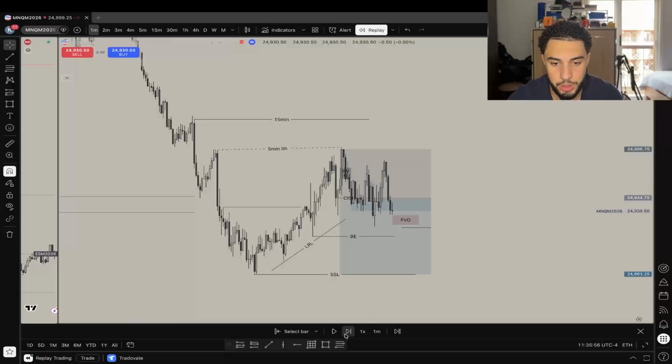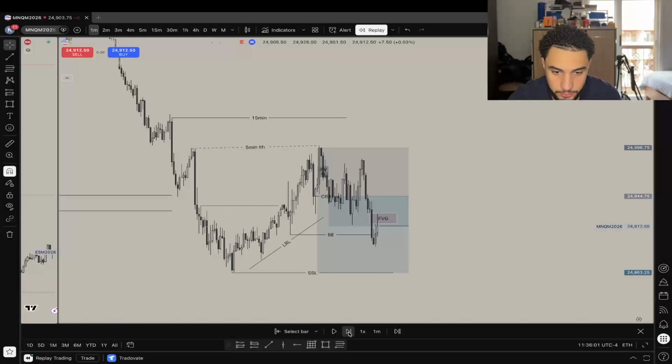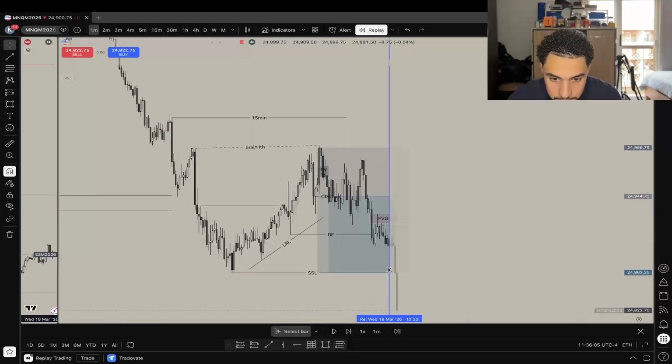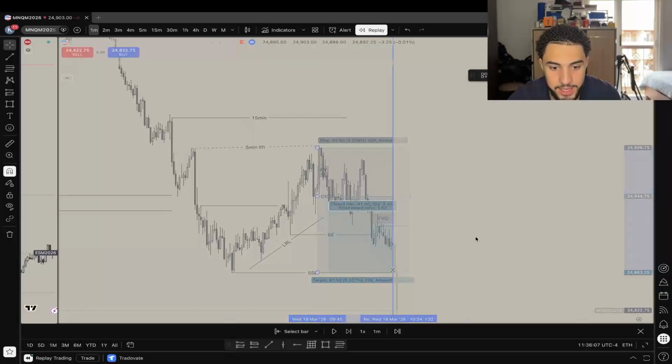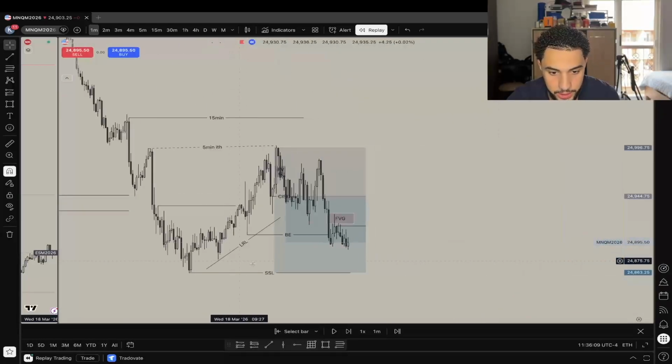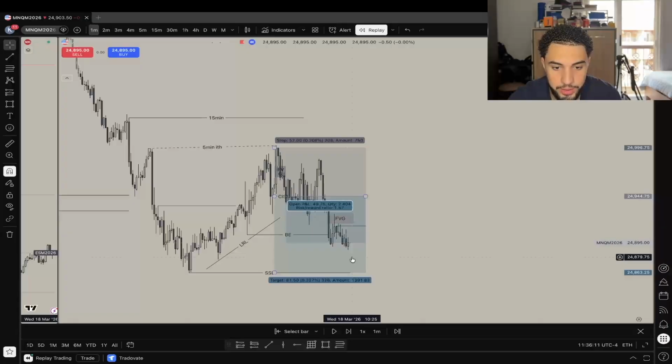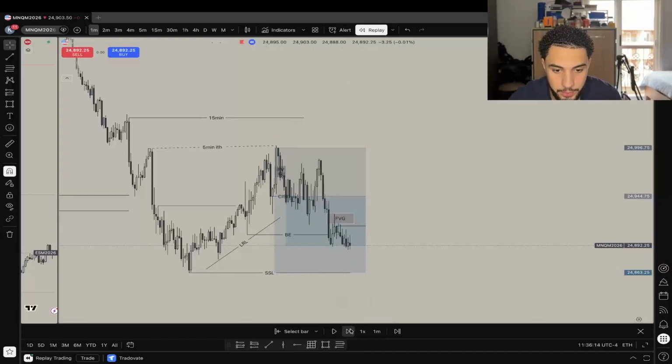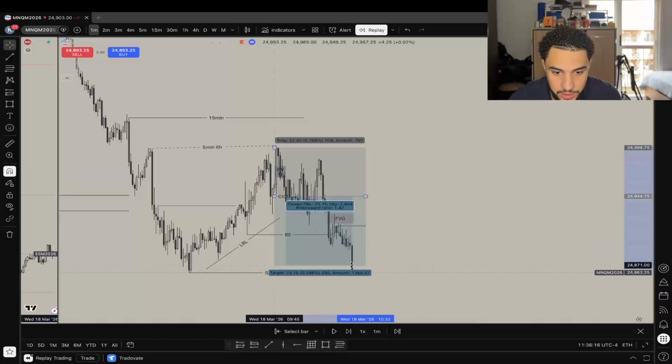As you can see, almost got stopped out right there. Boom, set my stops at break even here. And at this point, ES had taken the target on this candle right here. ES had taken the target around when NQ was around right here.